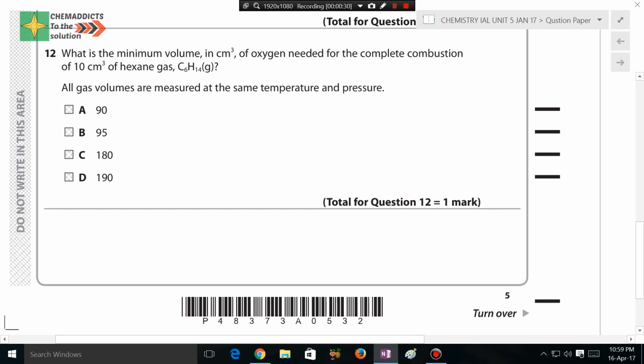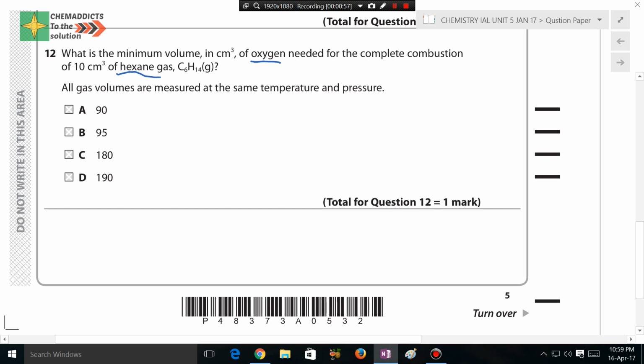Fine. So what were we doing? So in here, when we carry out complete combustion of hexane gas, that means we are reacting hexane gas with oxygen in the air.